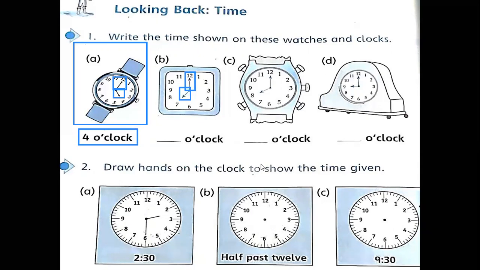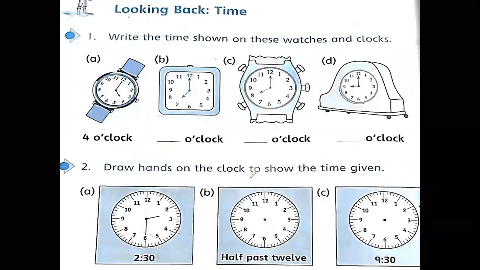Similarly, look here, the hour hand is on 7 and the minute hand is on 12. When the minute hand is on 12 and the hour hand is on any number, in this case the hour hand is on 7, therefore it is 7 o'clock. So you have to write 7 here.